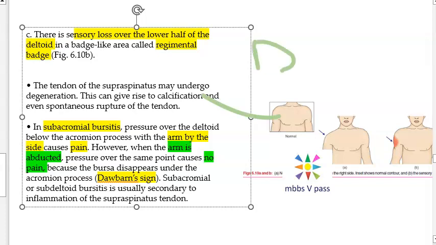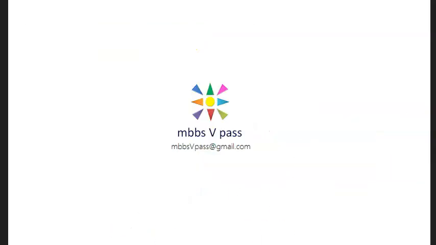So this is Dawbarn's sign, in which condition? Subacromial bursitis. So there is a bursa inflamed, subacromial bursitis. So you should understand the anatomy. Why is this happening? Because the bursa disappears under the acromion process. Okay. Too much information it became, right?